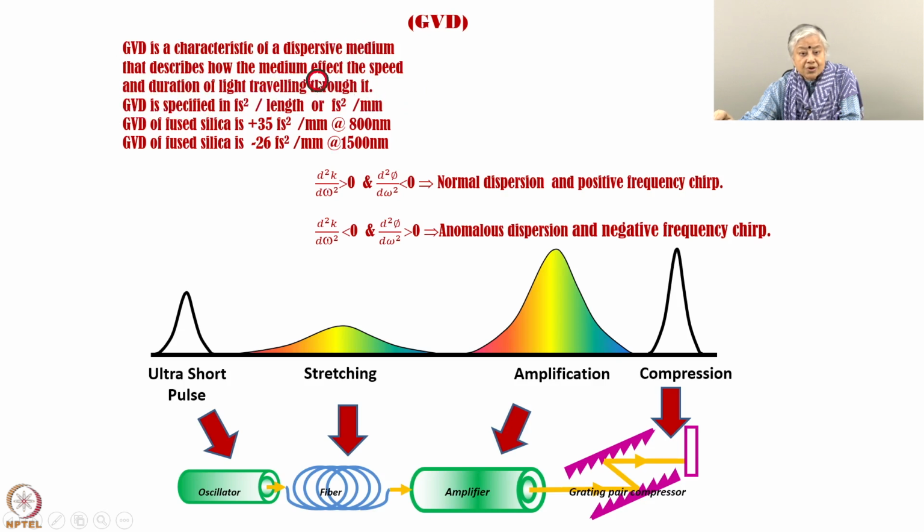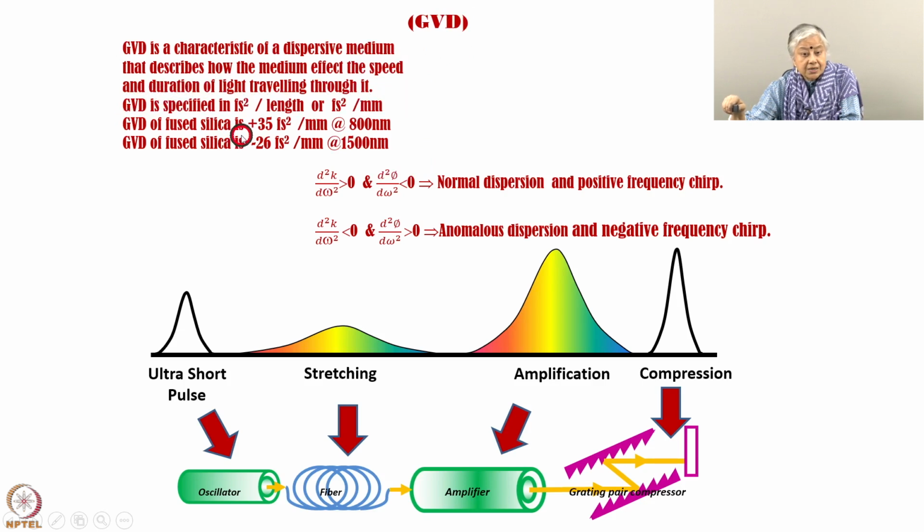So, this is a nice way of describing GVD, and you understood this meaning from the previous two slides. So, GVD is a characteristic of the dispersive medium, that is known, and it describes how the medium affects the speed. Okay. So, that is why group velocity dispersion, velocity comes into the picture, of light traveling through it.